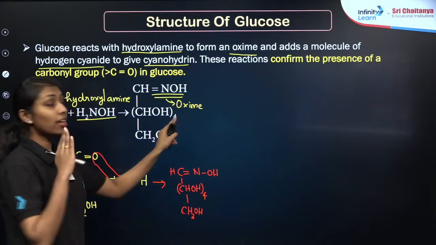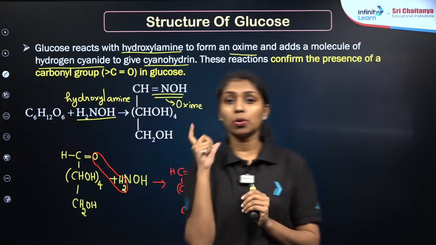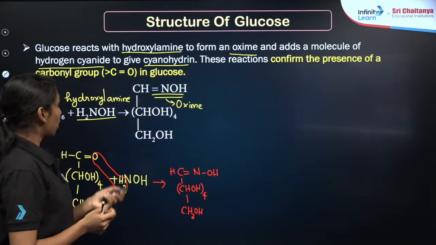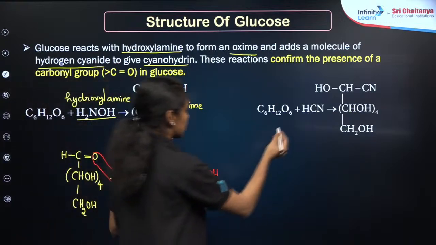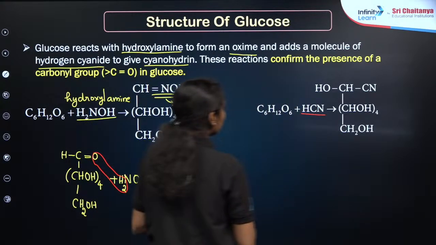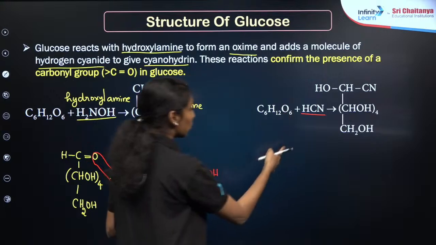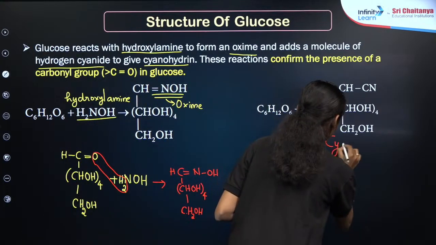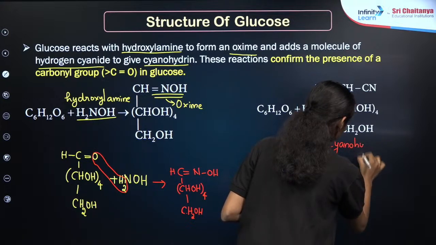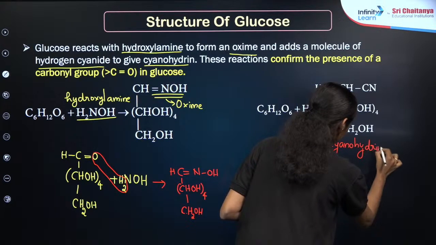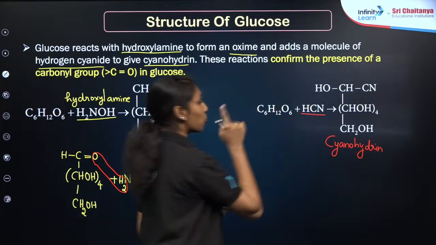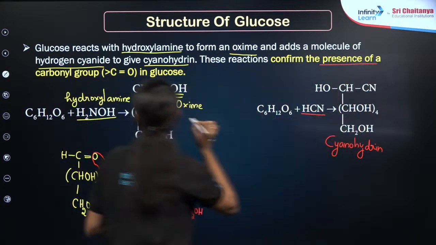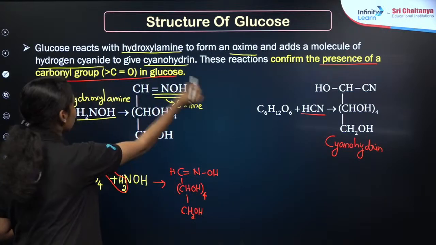It forms the oxime, which indicates the presence of a carbonyl group, C double bond O, in glucose. Similarly, the second reaction is with hydrogen cyanide, HCN. When we treat the glucose molecule with HCN, it forms another compound known as cyanohydrin. So again, this reaction with HCN indicates the presence of a carbonyl group in glucose. Clear?